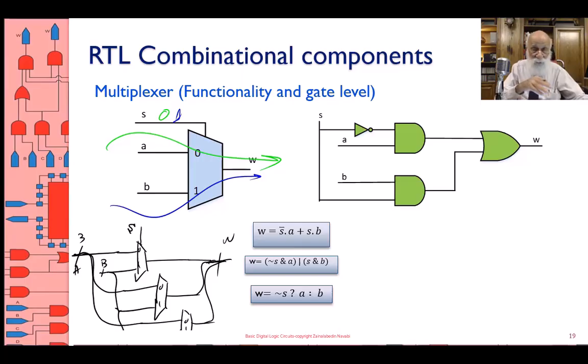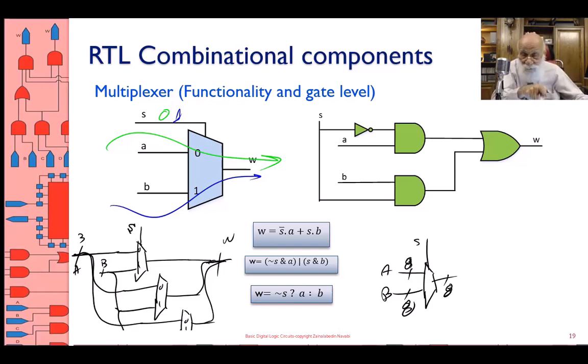Instead of drawing all of this, I'm going to show you a multiplexer symbol that has 3, 3, 3, and then just a single S for selecting either A or B. And if these are 8 bits, this is called a quad.